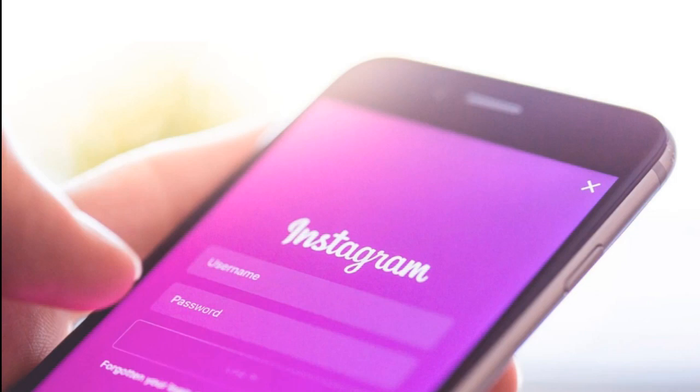If you have 1,000 followers, the algorithm does not show your specific post or video right away to all of the 1,000 followers you have. So if you have, let's say, 1,000, the algorithm is probably going to show your post to around 50 to 100 followers in the beginning.